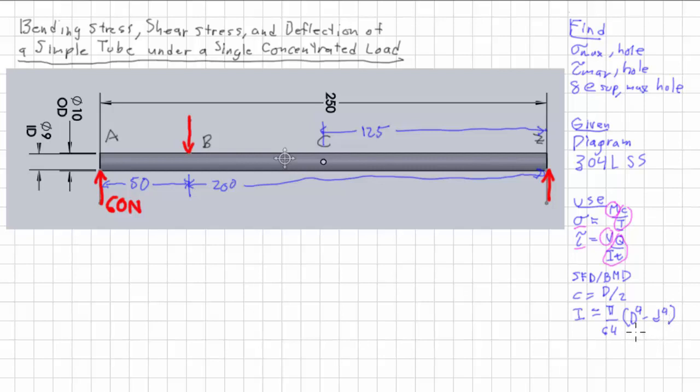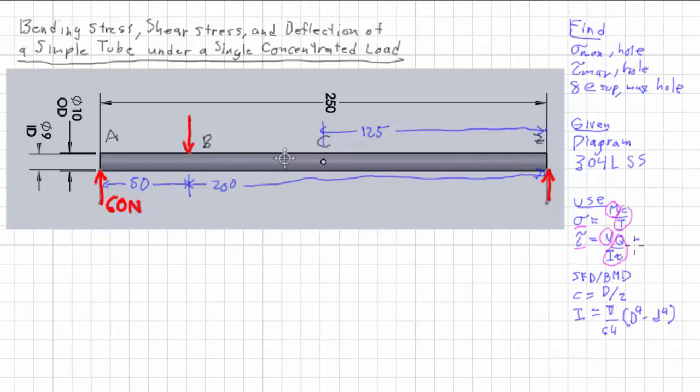Now, if you've been watching my videos, you'll notice that J is equal to pi over 32 times this. And that's not a mistake. The area moment of inertia about the centroid is half of the polar moment of inertia about the centroid for a circular cross-section.